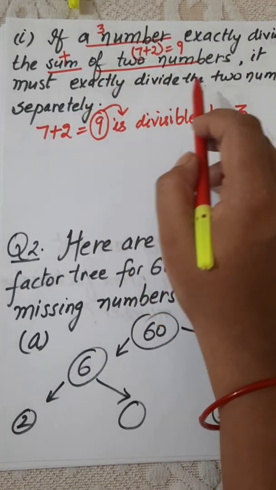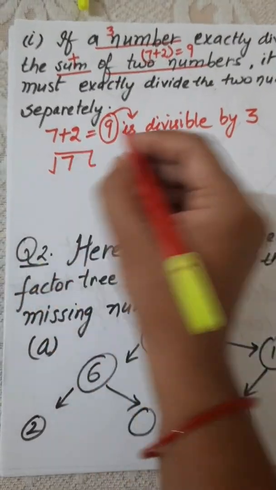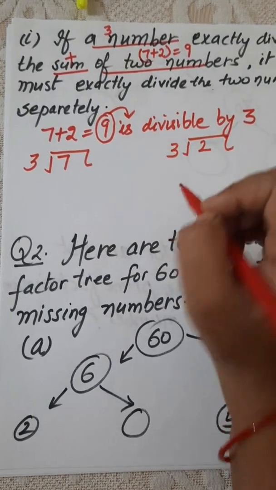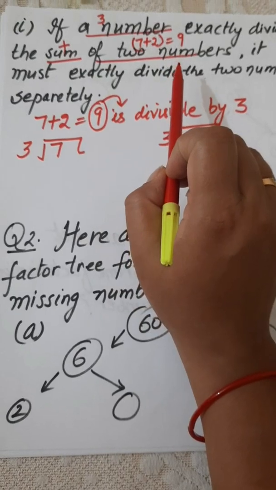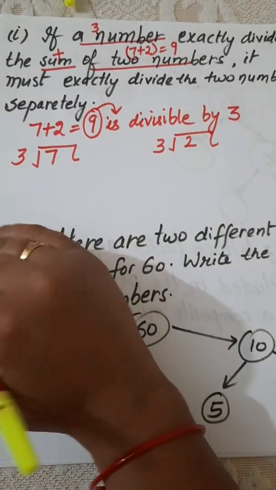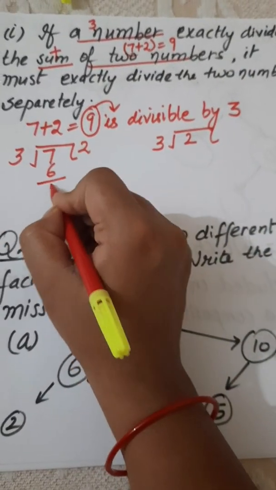It must exactly divide the two numbers separately, means if I take 7, 7 is divided by 3, and if I take 2, 2 is divided by 3. But if the sum is exactly divisible, it is not necessary that the number divides both the numbers separately.